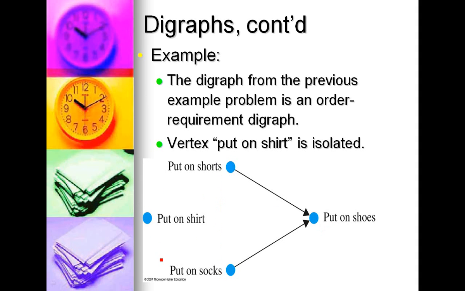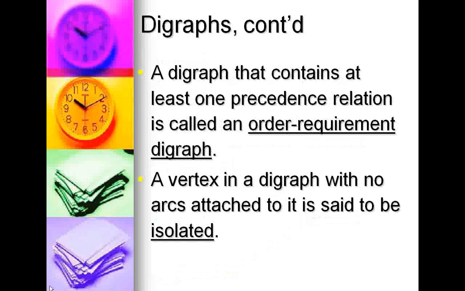So you have a digraph that has at least one preference relationship, precedence relationship, or order requirement, and you have what is called an order requirement digraph. And those independent vertices that we were looking at earlier are called isolated as well.